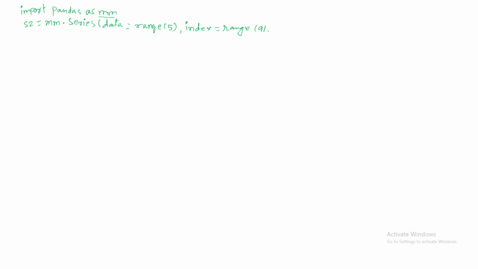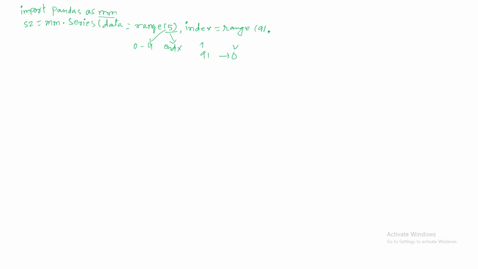to 91 comma. Now tell me, this range I have written 5, it starts from 0, and the range function will not accept the ending value. Which value will not be accepted? The ending value. So 5 will not come, which means 0 to 4 data will come. So 0 to 4 is 5 data, so the index is also required to be 5. So I start from 91. Then at 91 what will come? 0 value.